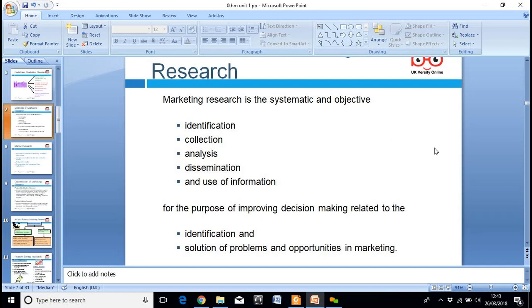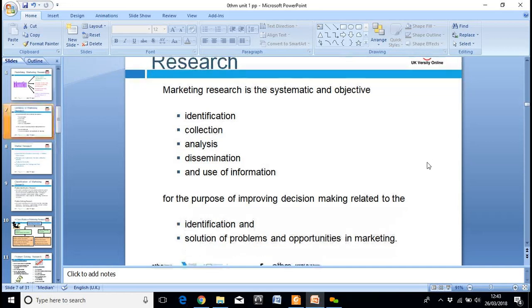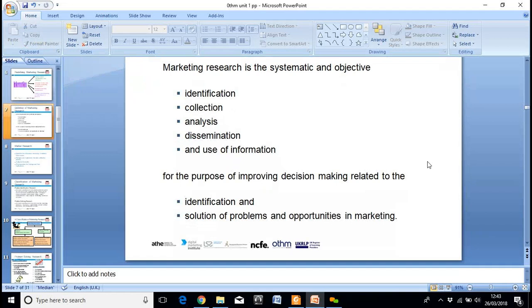You then collect lots and lots of data on the subject from previous researchers, magazines, websites. You then analyze that information and disseminate it and use it to improve decision making on anything that's related to the identification and solution of problems and opportunities in marketing.